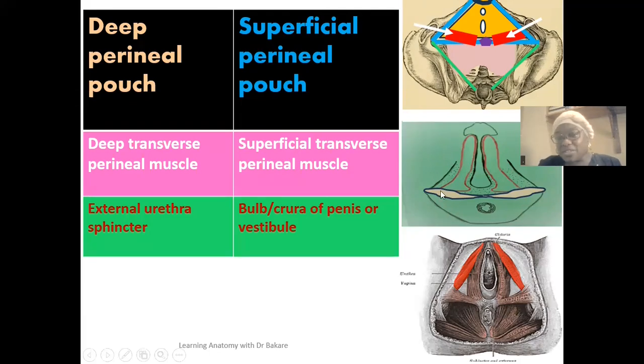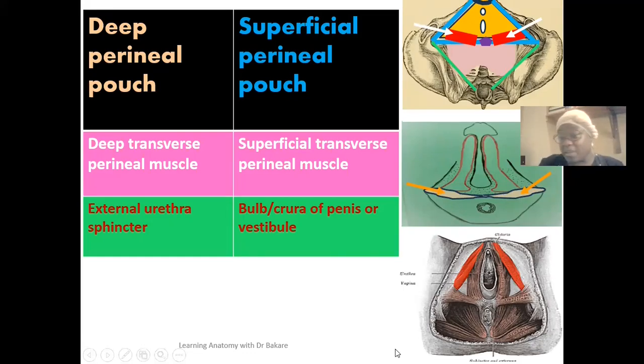If you try to use this lower image down here, this is the superficial perineal pouch in male. And in the superficial perineal pouch, we have the superficial transverse perineal muscle, and this is what is highlighted here at this point. We have two, one on this side and the other one on the other side. So this is how they run transversely. But this muscle is located within the superficial perineal pouch.